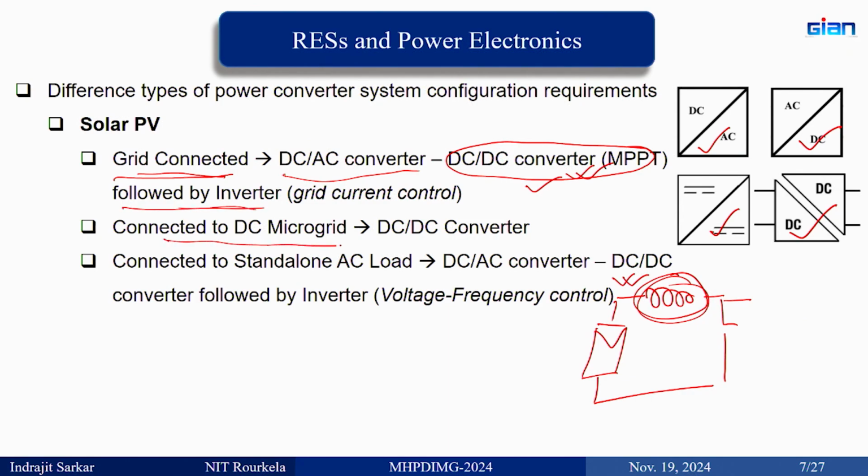When it is a DC microgrid, then your converter configuration changes. It becomes a DC-DC converter that could have dual stage or single stage. Let us say you have a DC microgrid, so this is the DC bus given by the DC microgrid, and here is the solar PV.